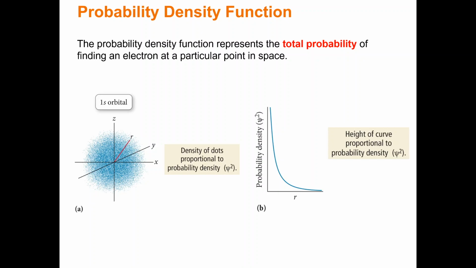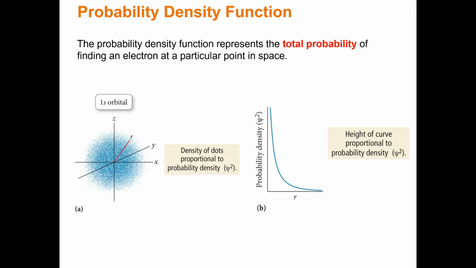But what they're trying to tell you is that at some distance r, some radius from the nucleus, and in all 3D space, in all directions, x, y, and z, this is the highest probability of finding this electron within the atom. So you're not going to find it way out here. But it should be somewhere inside of this blue cloud.